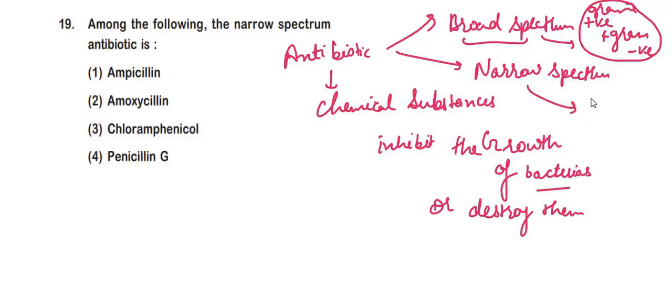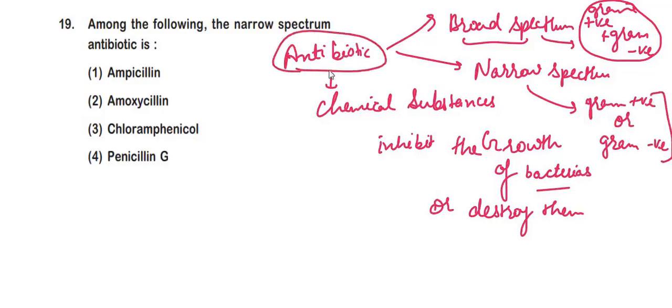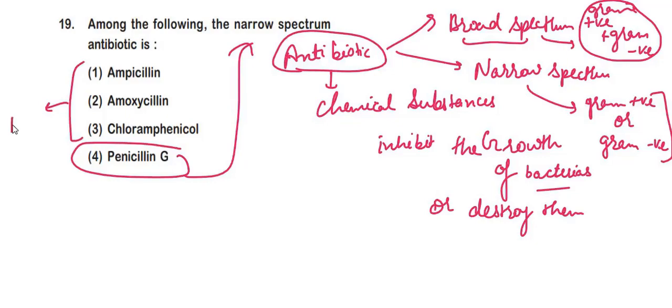When they kill either gram positive or gram negative, a specific particular type of bacteria, then it is known as a narrow spectrum antibiotic. When it destroys or inhibits the growth of any one type of bacteria, then it is narrow spectrum. So here the example penicillin G is one of the narrow spectrum antibiotics and others are broad spectrum.